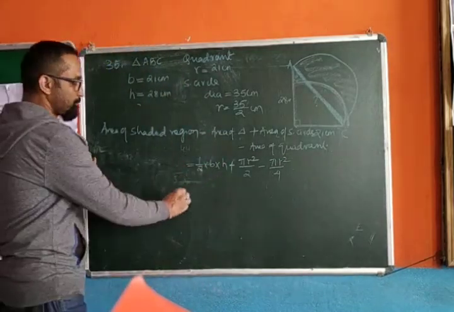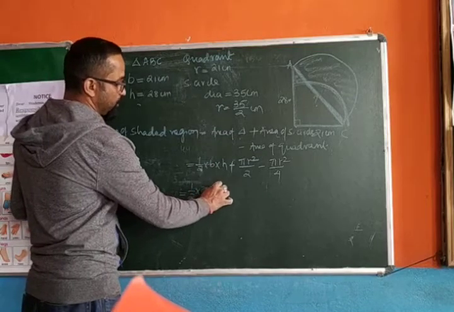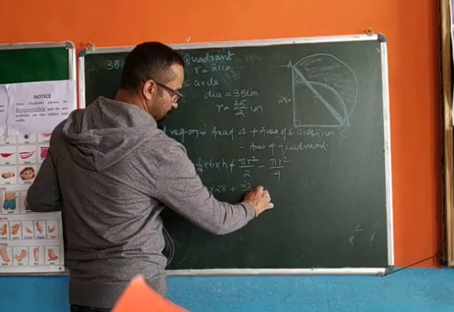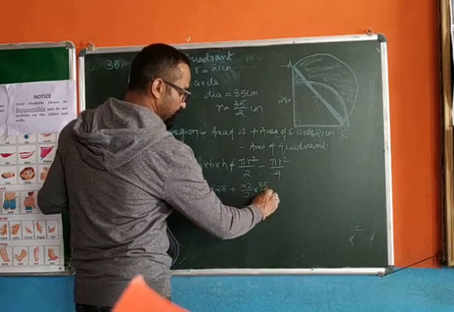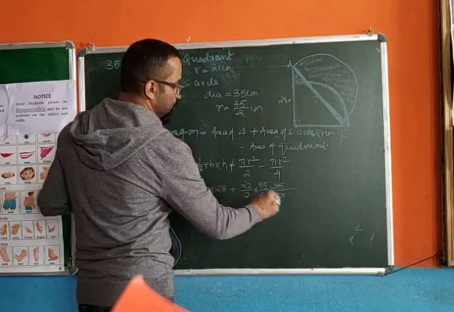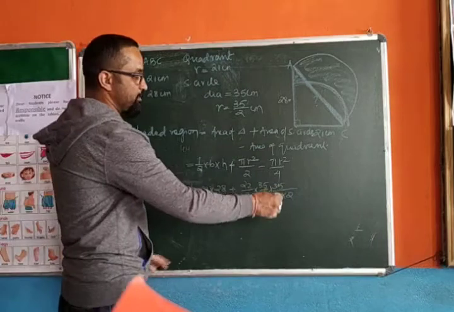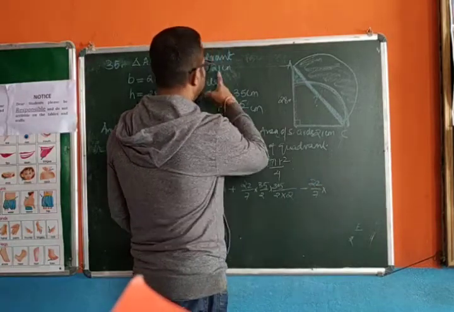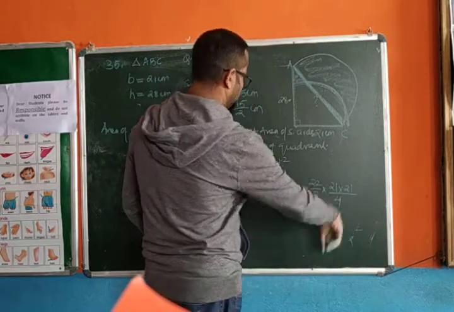Substitute. 1 by 2 into base 21, height 28, plus 22 by 7, radius of the semicircle is 35 by 2, 35 by 2, and 2 is there at the denominator, minus 22 by 7, radius is 21, 21 divided by 4.